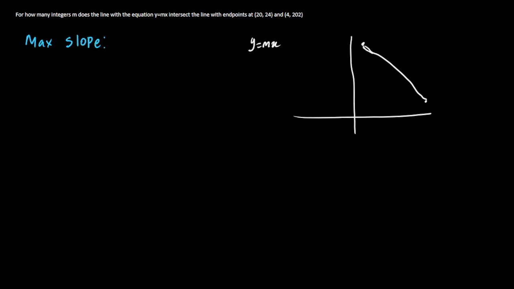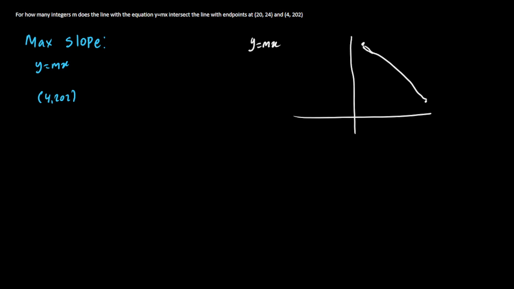All right, so we know that to get the maximum slope, it has to intersect the point 4202. So the equation of the line is y equals mx, and the coordinate it has to hit is 4202. So we can just substitute in both of these values, 4 for x and 202 for y.